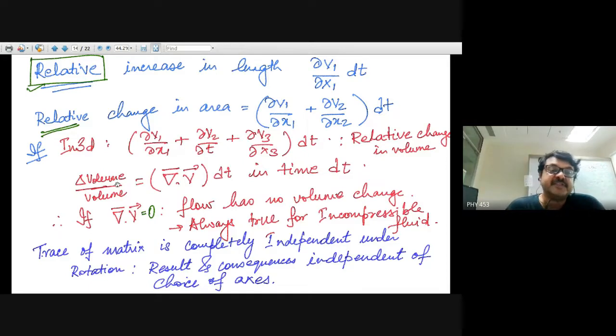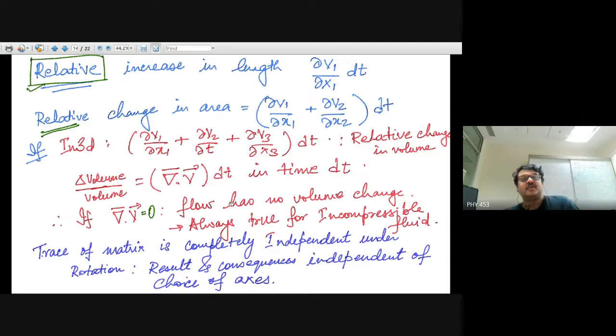So delta V by initial V is the divergence of the velocity vector into dt, and that is the relative change in volume. Remember, dV by V is relative.